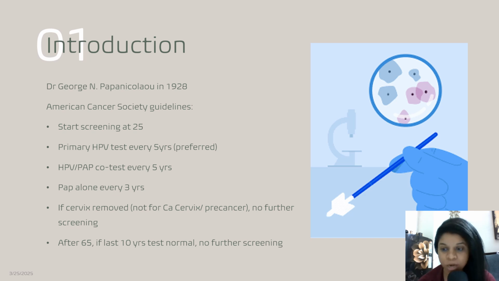So the screening starts at 25 and is done till 65 years. The preferred method is primary HPV testing. But if pap smear is also there, you can go for pap smear as well as HPV co-testing, and this is done every 5 years. And if HPV testing is not there, then you can go for pap smear alone, but then the test should be repeated every 3 years.